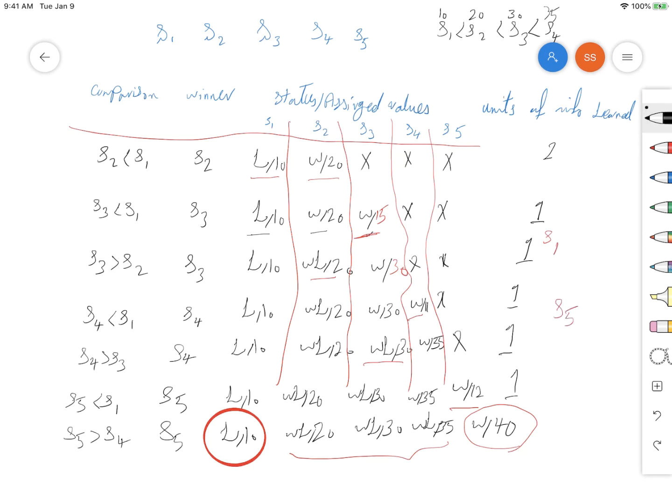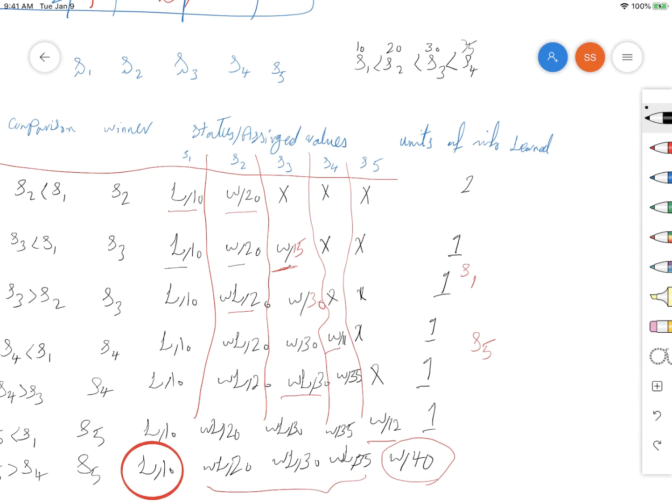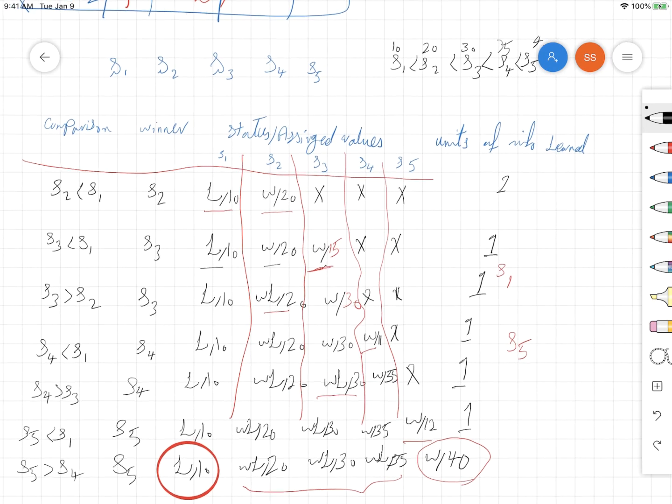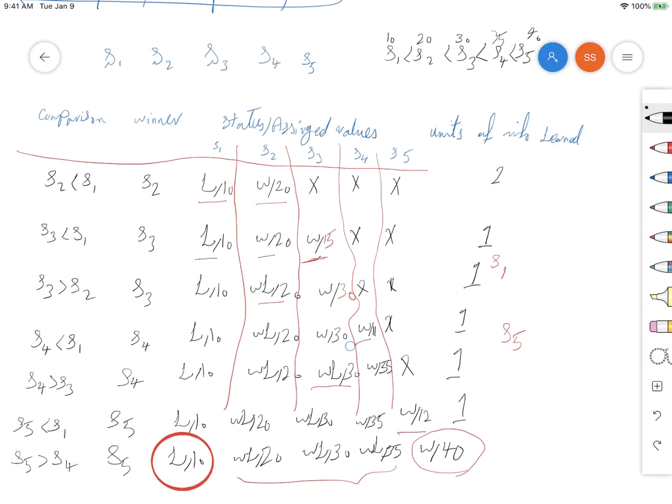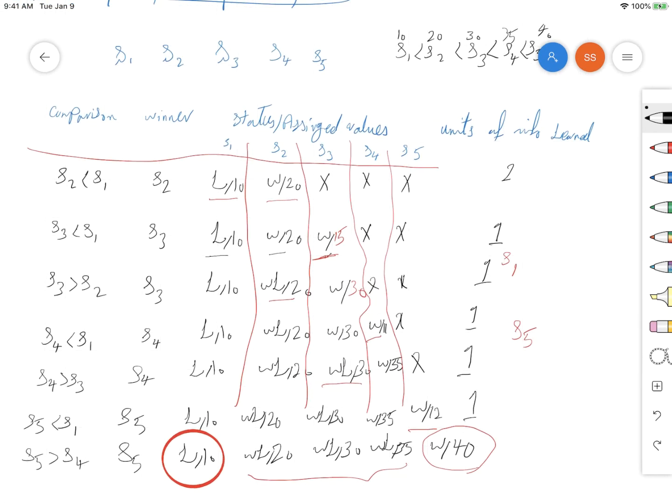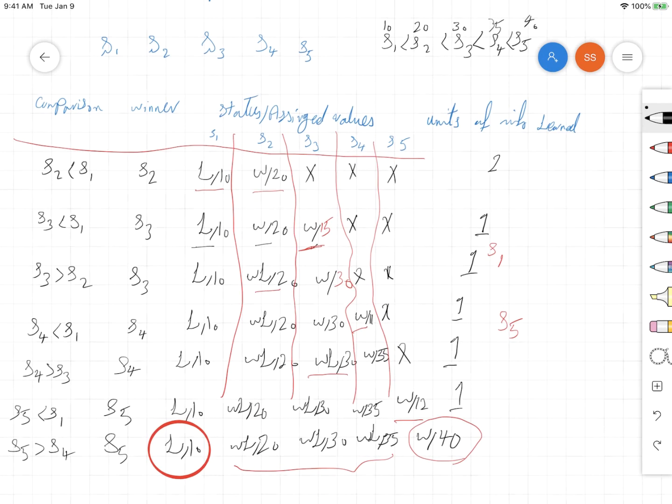Going back here and adding this, S5 is the largest number, let's say with value 40. Again, we don't care about the values of S1 and S5 here. Just by asking some questions, let's count: 1, 2, 3, 4, 5, 6, 7 questions, we were able to find the smallest number and the largest number.